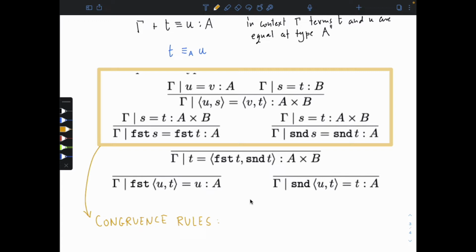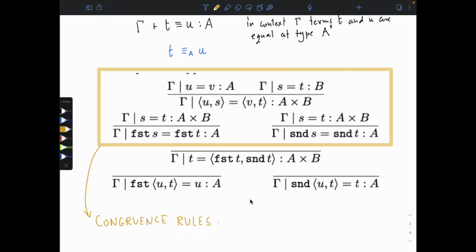Namely, it is an equivalence relation which respects the operations. So that, for instance, if A is equivalent to B and C is equivalent to D, then A plus C should be equivalent to B plus D. That's a congruence. That's the name that comes from algebra, and it's used in algebra that way.